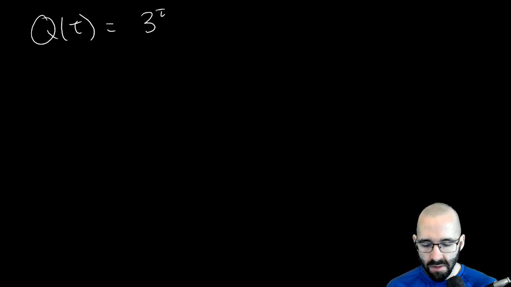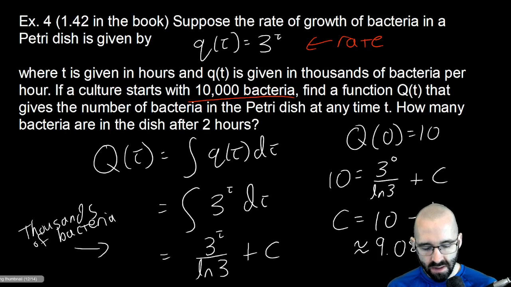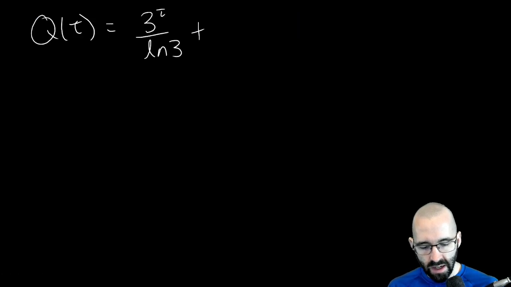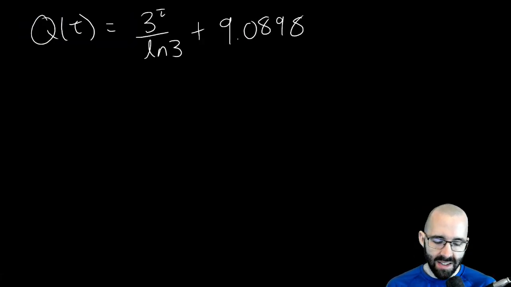The number of bacteria after T hours in the thousands of bacteria is going to be 3 to the T divided by ln of 3 plus C, which is 9.0898. And you might say, why did you approximate this instead of that?